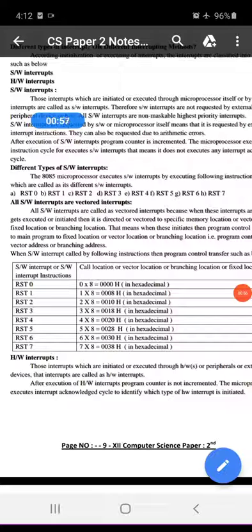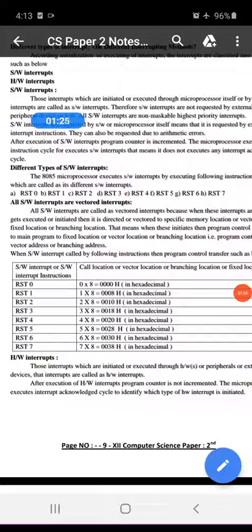8085 has 8 different software interrupts generated by itself, which are very useful for making calculations after entering the code into the kit. These software interrupts are RST0, RST1, RST2, RST3, RST4, RST5, RST6, RST7, where RST stands for restart processor.